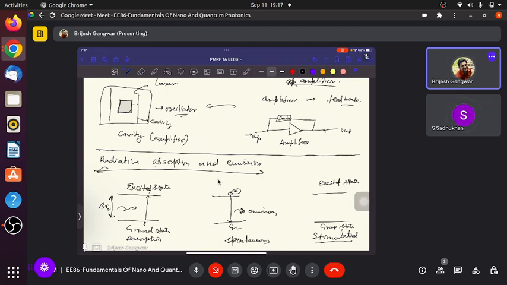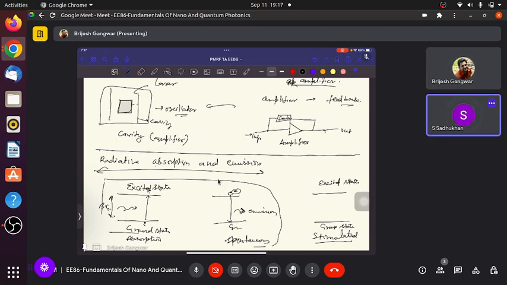If you combine these two processes, these are simultaneous processes, right? We are exciting here with some photon, then that photon is absorbed and the electron goes to the excited state, and then it comes back to the ground state. Then only it gives the emission.